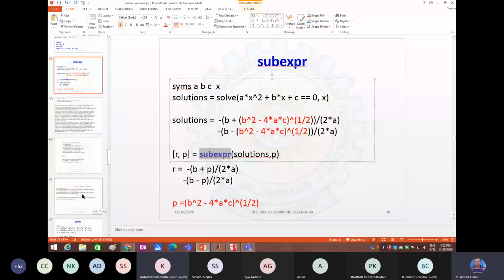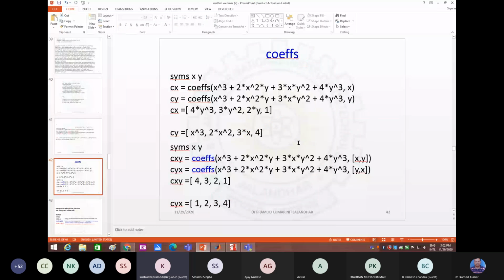The another important symbolic mathematics syntax is coefficient. Coefficient of this x cube plus 2x square y plus 3xy plus 4xy cube. And we want that coefficient of x should be taken outside. Coefficient of x should be taken from this expression.